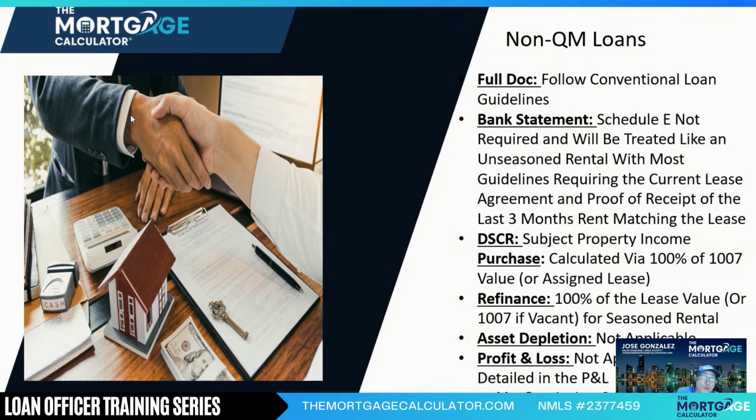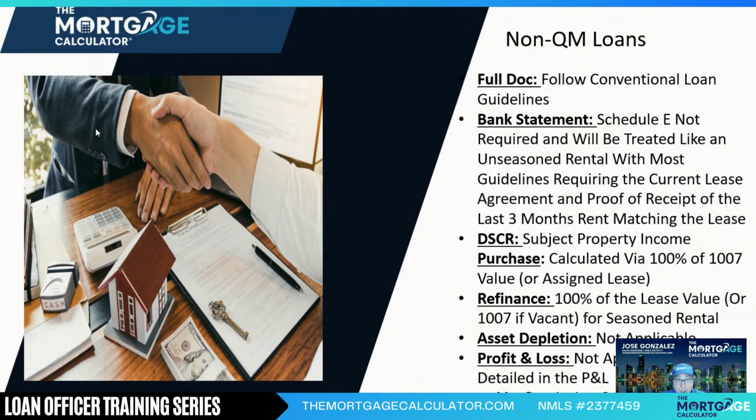Now, if it's a refinance, it's a little tricky. I have there 100% of the lease value or 1007 if vacant for seasoned rental. But remember, seasoned rental, we're going for tax returns. We're going to do a little reconciliation there to see if it matches the lease.